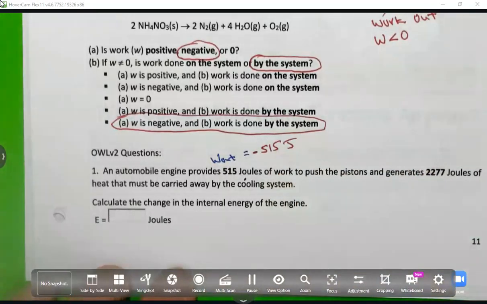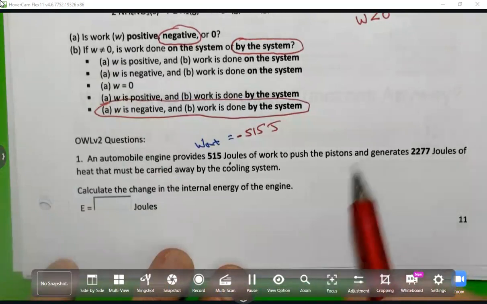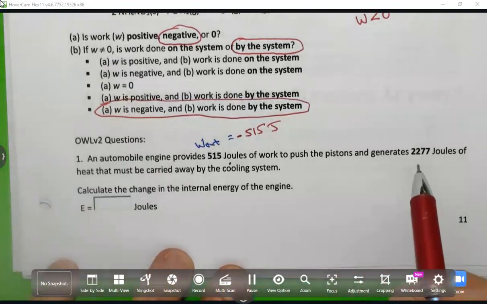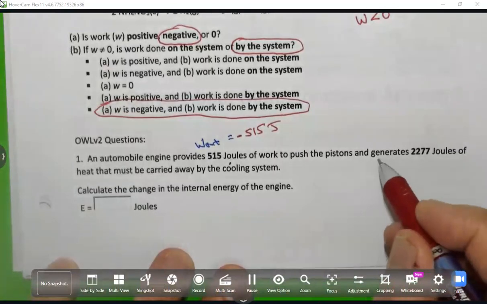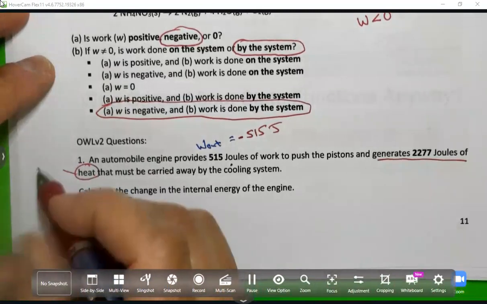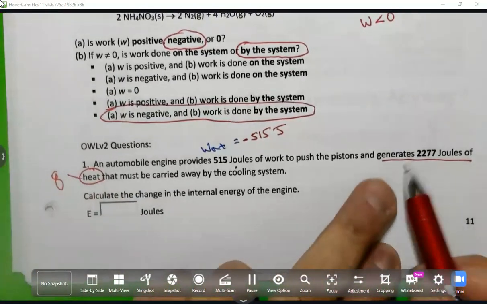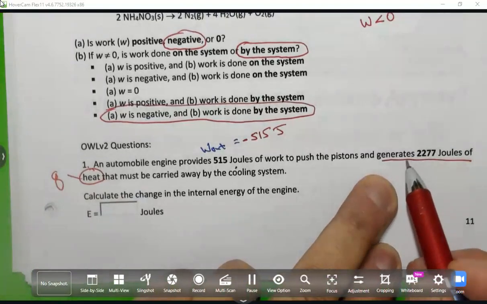Work out. To push the pistons and generate 277 joules of heat. You're going to generate heat. You're going to get energy out, correct?